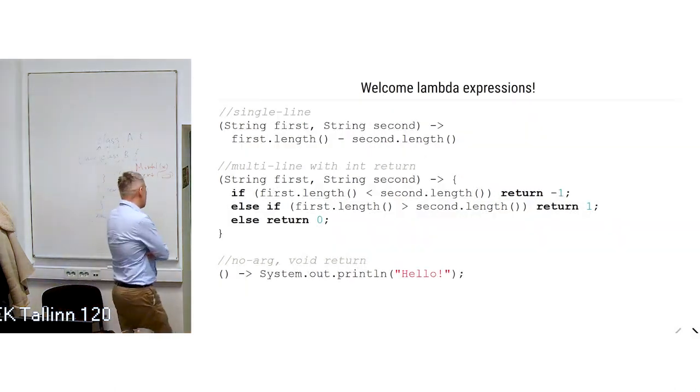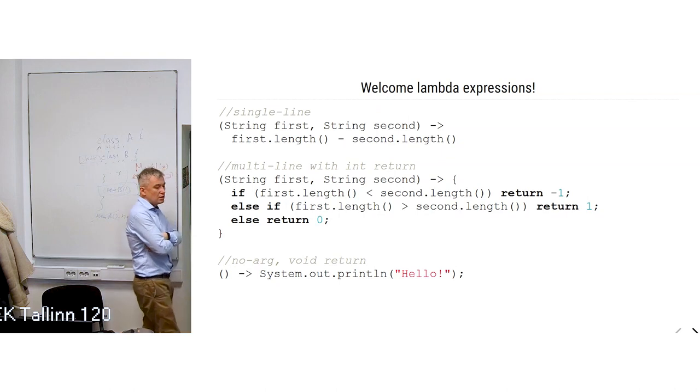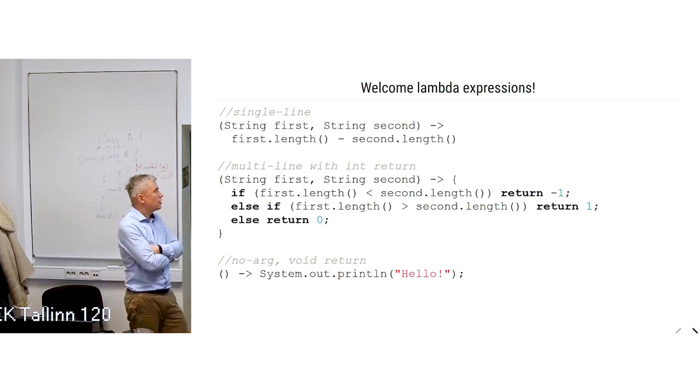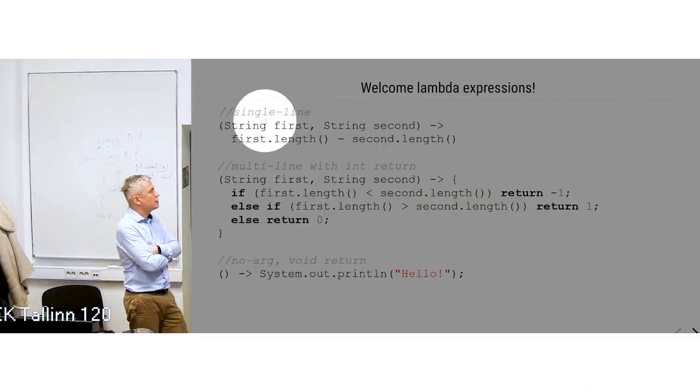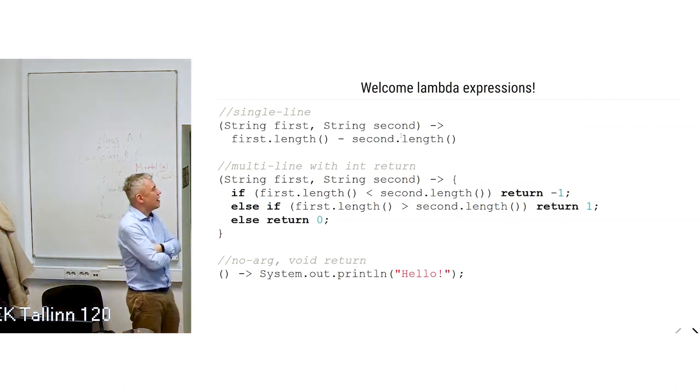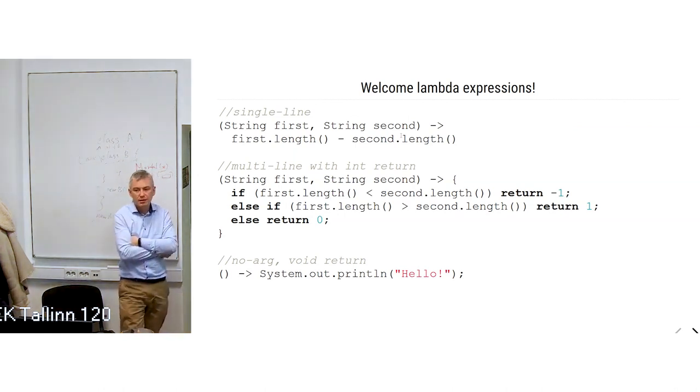So lambda is actually a function, and the function has arguments and has a return value. So here we have a lambda that takes two strings and returns integer, and this lambda can act as comparator interface.